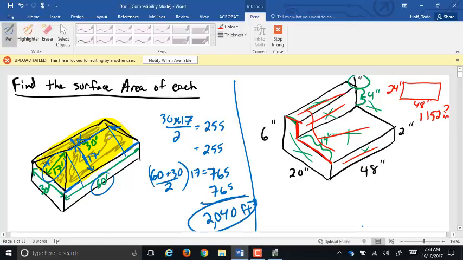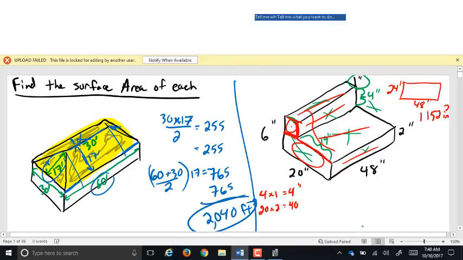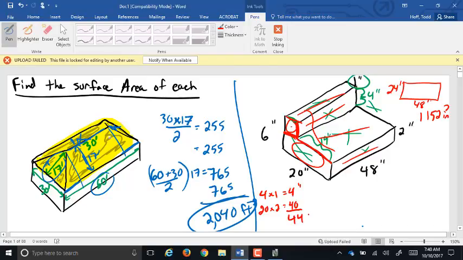So on the end, I'll probably do this here. This piece is 4 by 1, which is just 4. And this here is 20 by 2. Nope, it's 20 all the way back. So we get 44 times 2 because there's another end over there. That's 88 square inches.